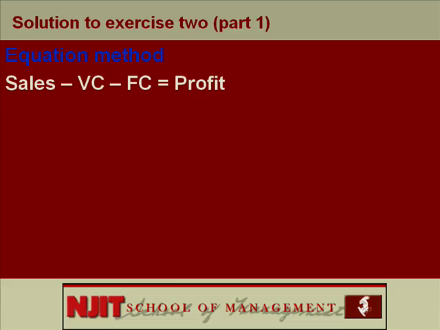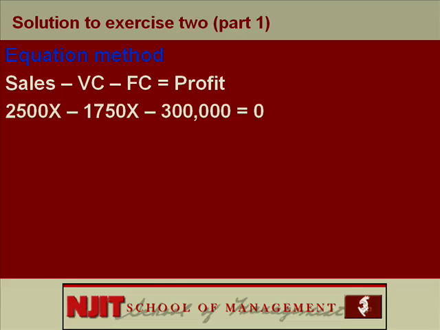So how would it look? There you go. 2,500X is the sales, minus 1,750X is the variable cost, minus 300,000 is the fixed cost, equals, it's break even, so profit is 0. So solve for X. X equals 400 players.